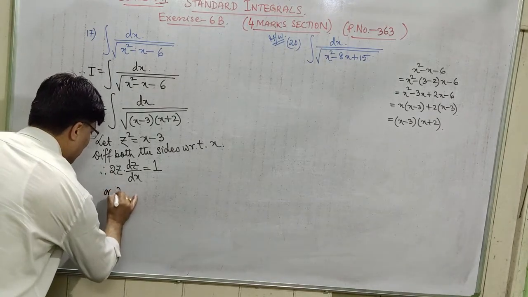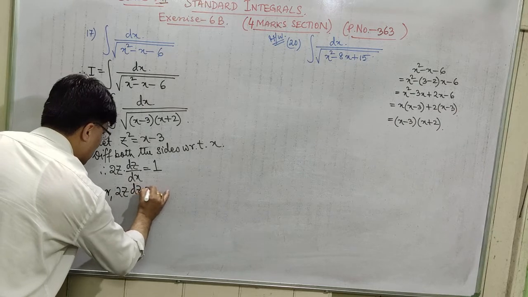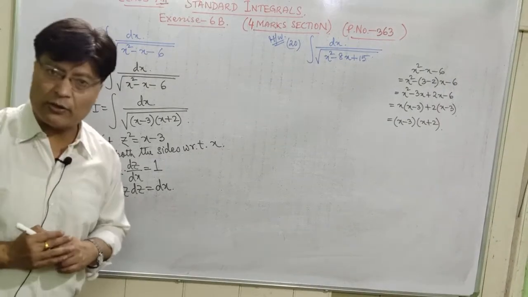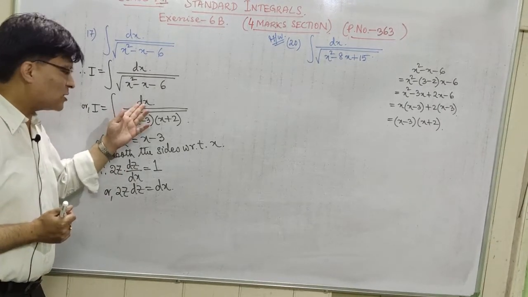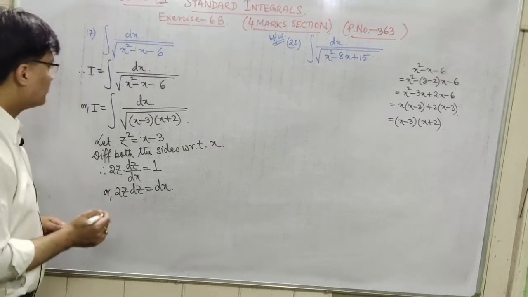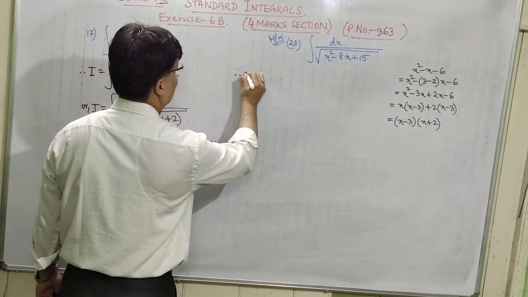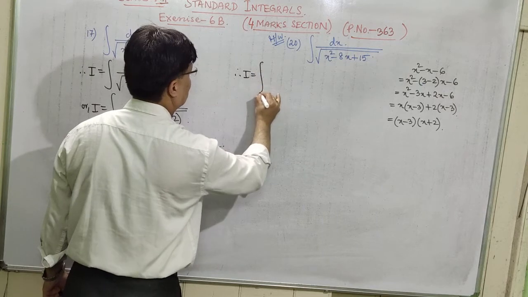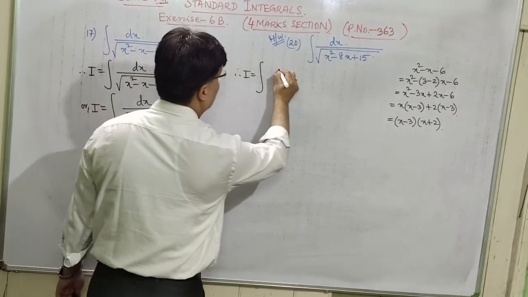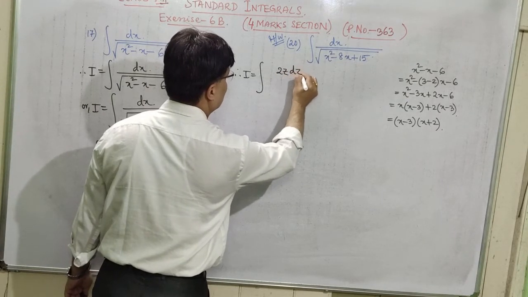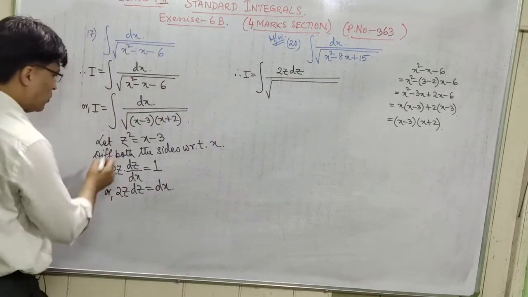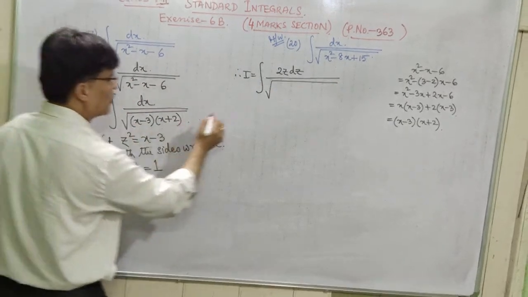So you can do cross multiplication. So 2z dz is equal to dx. Is that understood now? So we have got the value for dx, which is in the numerator, as 2z dz. So let us write it here. I is equal to integration of dx, that is 2z dz, divided by, within square root, what is x minus 3? It is z square.